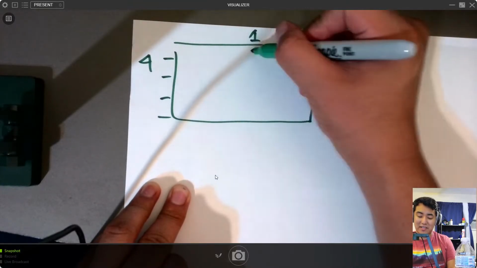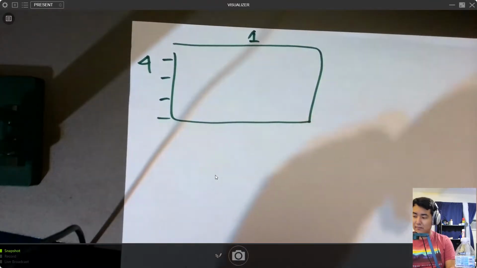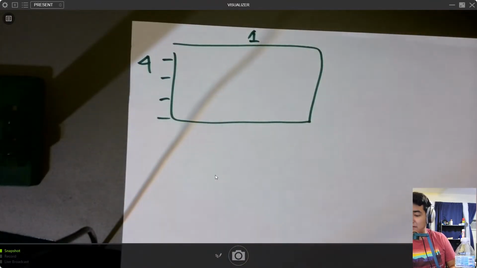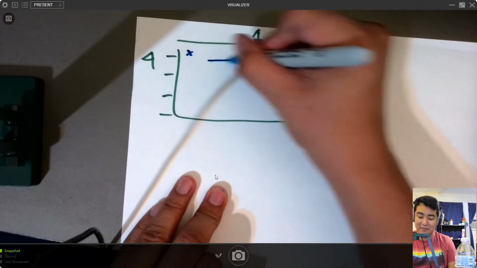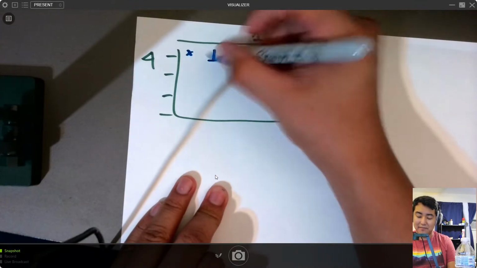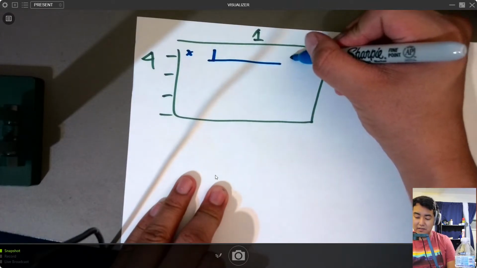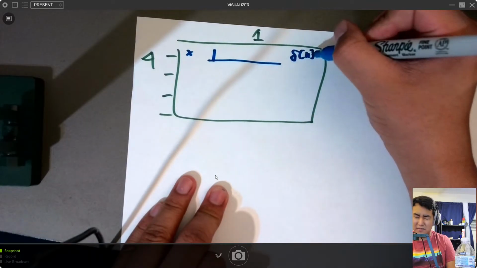And then you can generate your input X, in blue. X is going to be on this one. Here's X, which is literally your Dirac delta. Kronecker delta.